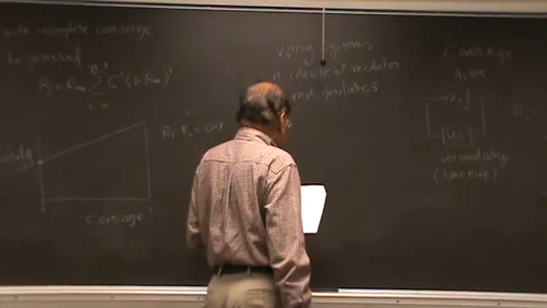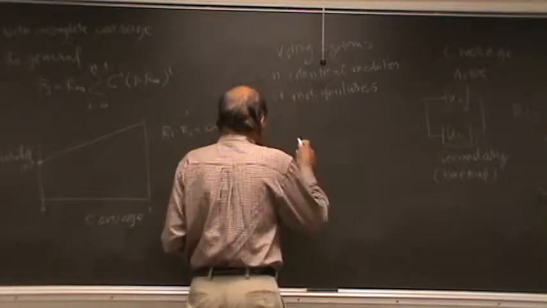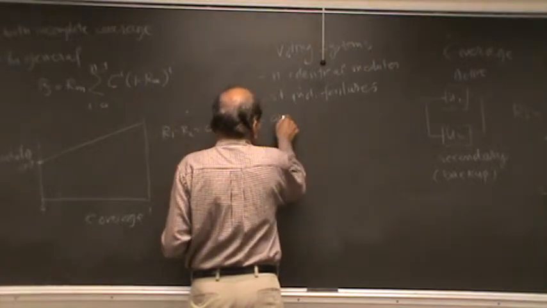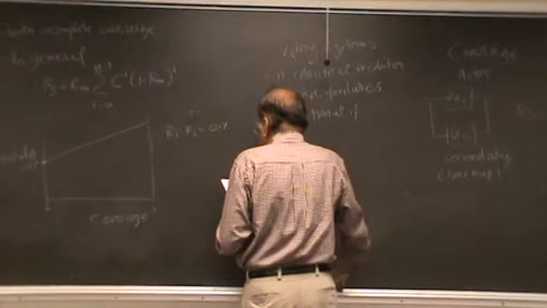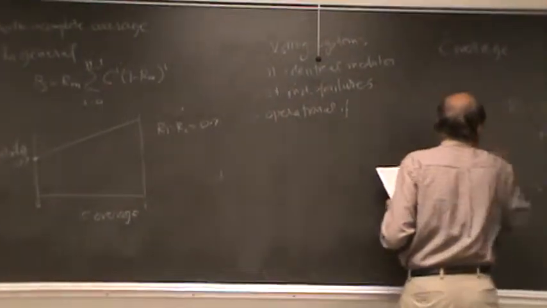Statistically independent failures. And basically, let us assume that the system is operational if K of the modules are good.